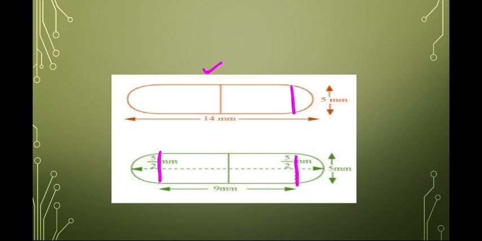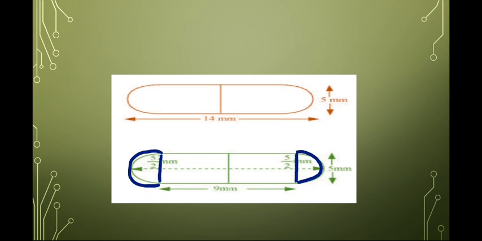Here and here. It is already given in the question that this capsule is made by a cylinder and two hemispheres at the ends of the cylinder. So if you consider this figure, this portion is one hemisphere and this portion is another hemisphere.